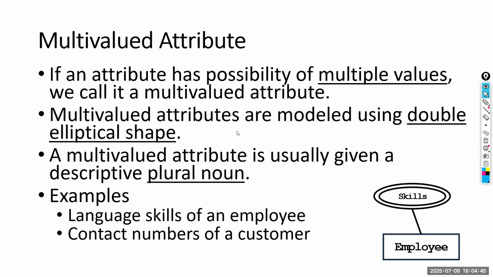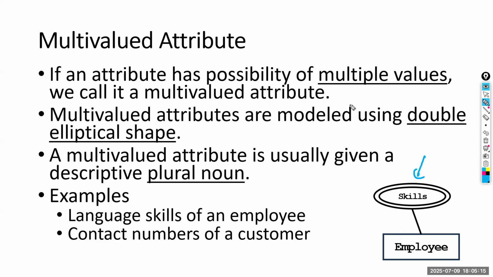Right. So then the multi-valued attribute. Multi-valued attribute means it's an attribute, but there is a possibility of multiple values for that. So then you can use plural also. Usually attribute is singular: name, date of birth, salary. But if it is a multi-valued attribute, you can use a plural noun and also a double elliptic shape, double line. So it shows that there is a possibility of multiple values, like skills.